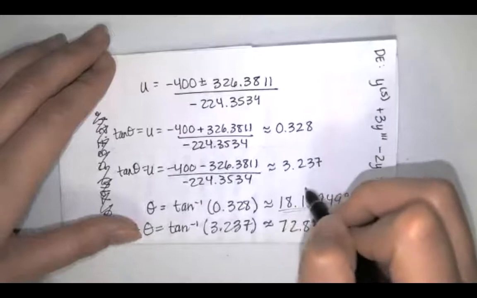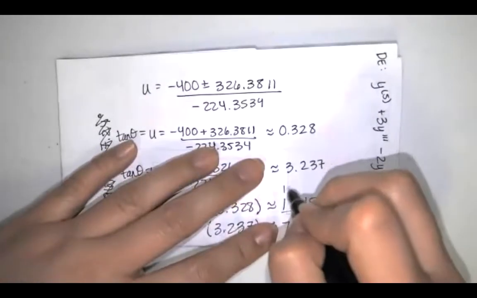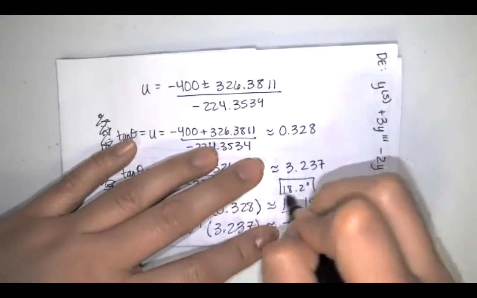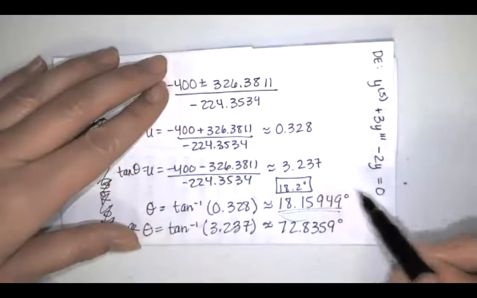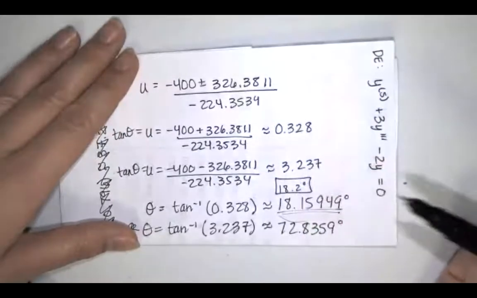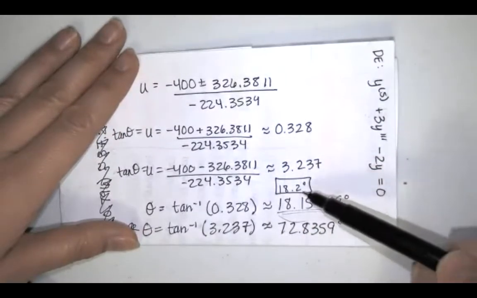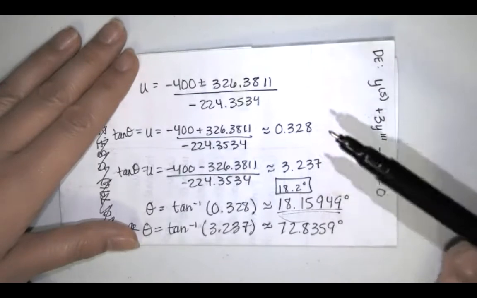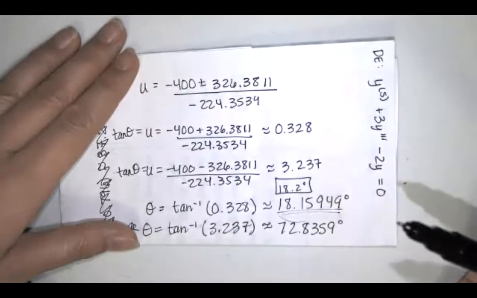I would round to 18.2 degrees. Now there may be some rounding error here because we used a lot of rounded values. So maybe 18.2 isn't correct. It might be 18.1 or 18.3 or something like that, because of the rounded values that I used as I was solving this problem.